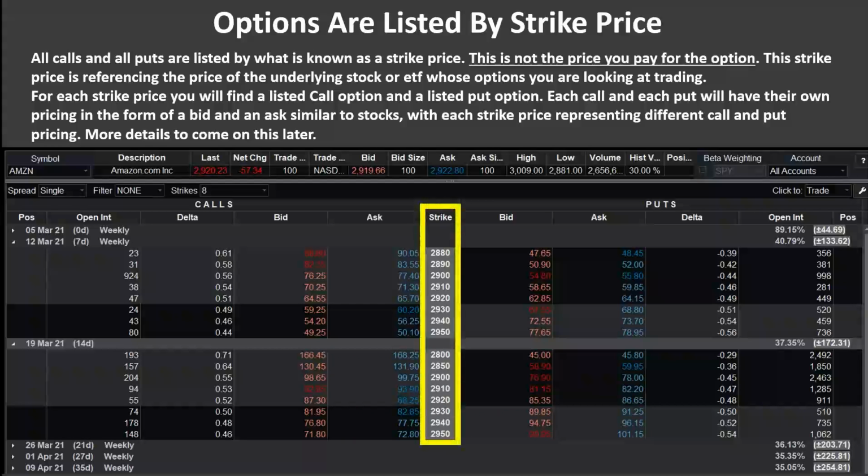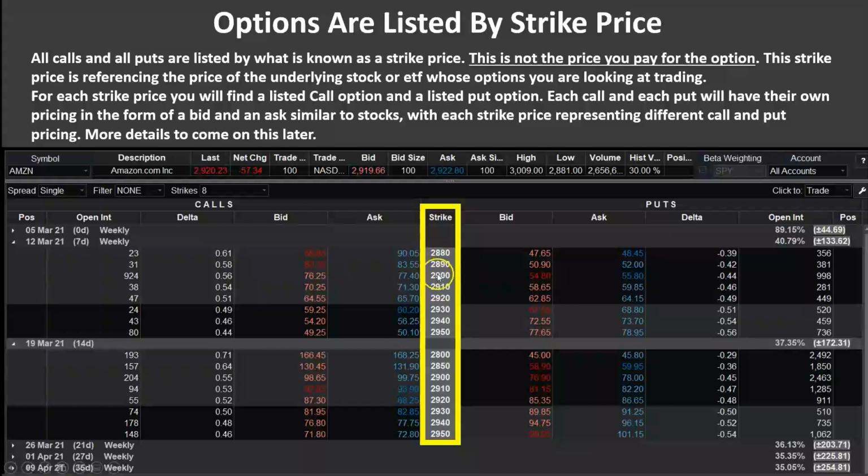All right, so let me just highlight where you can find the strike price on this options chain. So you'll have a strike price in the middle. The price that you pay for puts is right here, correlated with each strike price. So at a strike price of, we're looking at Amazon, and I took these screen captures last week, so it's not accurate as of today.